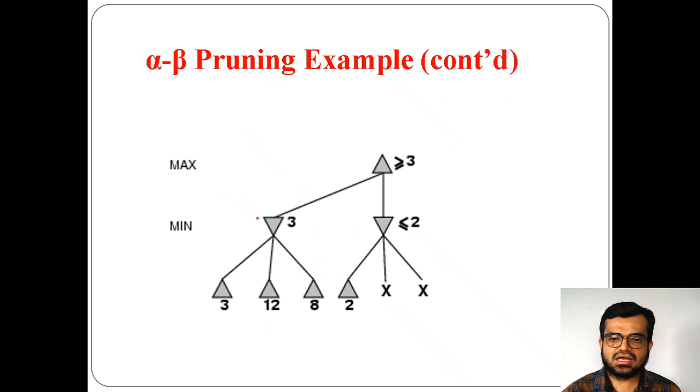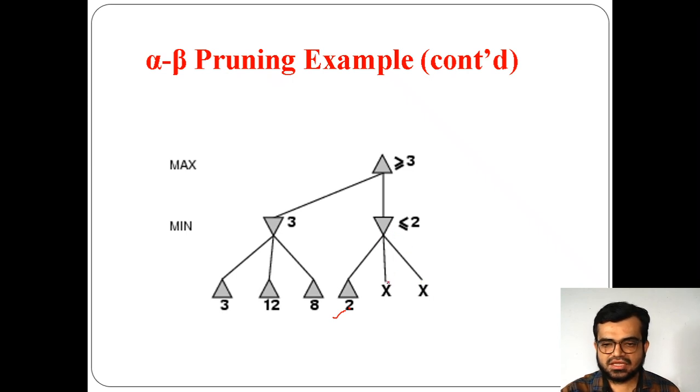Now after this, for the next value, again we have to start from the depth. So when we start from the depth, as you know, this is 2. Now why are we not exploring this one?